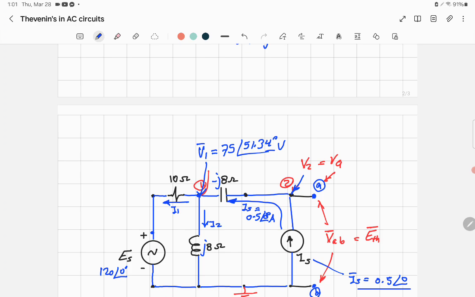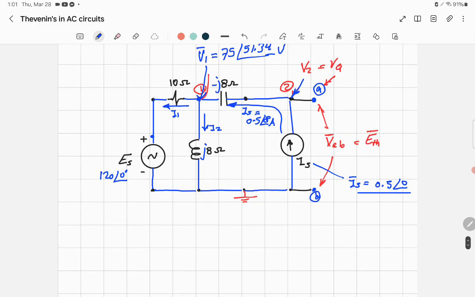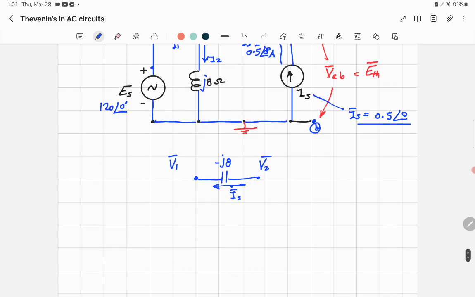So how to find that? That's simple. Let me put it in simple form. You got V1, and you got the capacitor minus J8 ohm, and you got V2, and you got IS. So how to find V2? Of course, if the current is flowing in this direction, make this positive and this negative. And you know V1 is positive here.